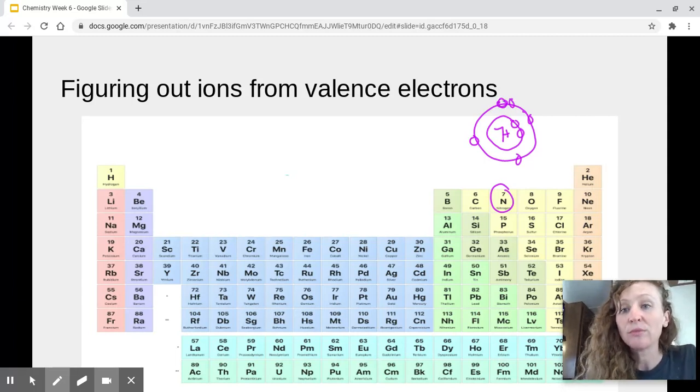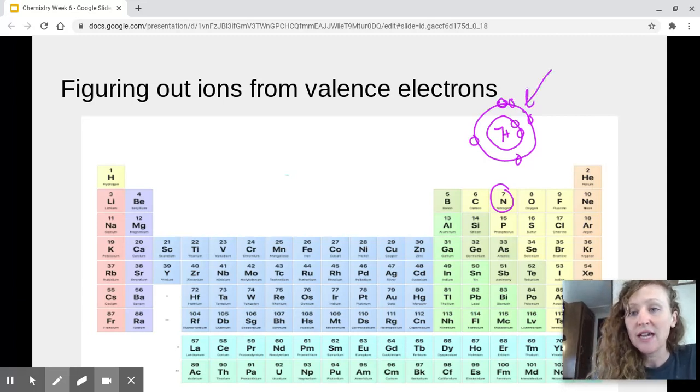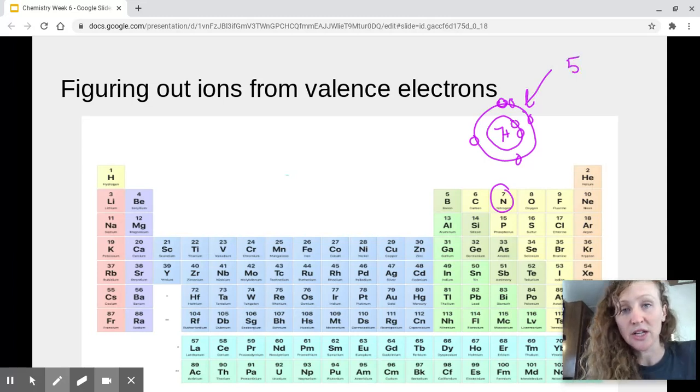So the outermost energy level has 5 electrons, and we call those electrons in the outermost valence shell valence electrons. So that is one way to figure out the number of valence electrons that an atom has.